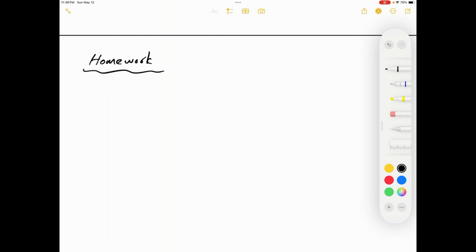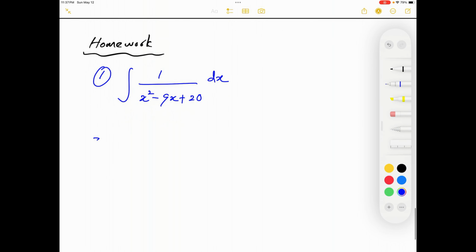Now if you would like to practice these methods, I would like to give you 3 homework questions. Here's your first question. Evaluate the integral 1 over x squared minus 9x plus 20 dx. The second question is evaluate the integral 1 over 9x squared minus 12x plus 4 dx.